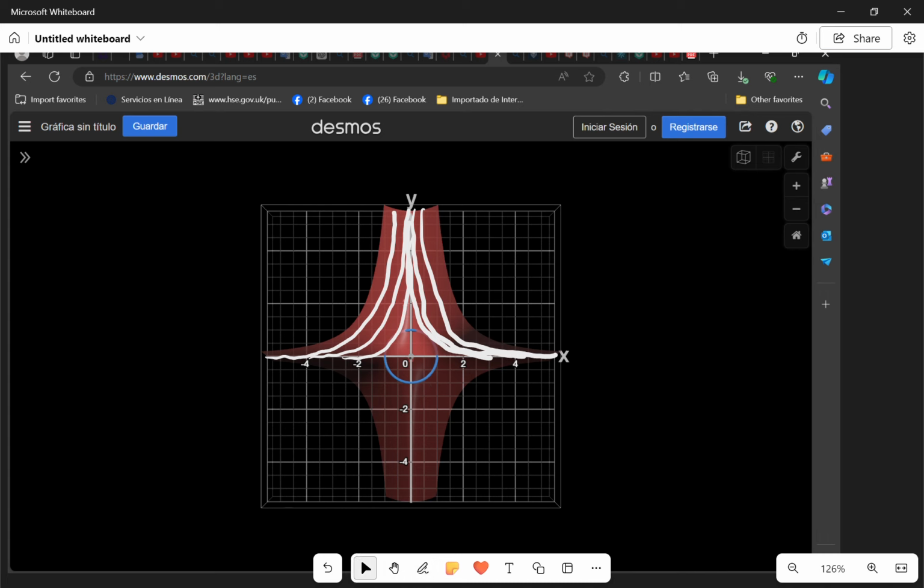So that's the main idea of multivariable optimization, because when we want to optimize a function on a certain set, or rather a constraint.